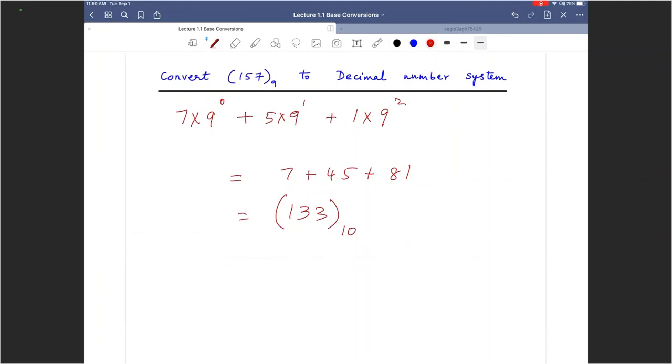Multiply each digit with increasing powers of the base and add them up, no matter what base. Right now it's 9. It could be 5, it could be 4, it could be 11.